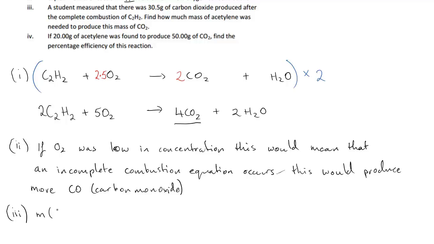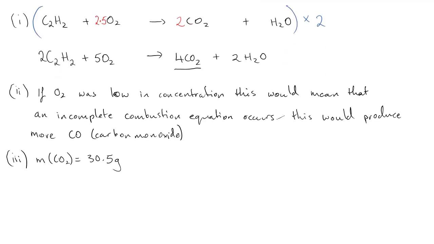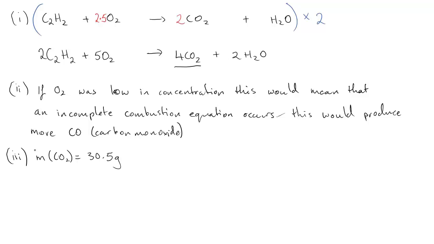So the mass of carbon dioxide is equal to 30.5 grams. Okay, and then we have to find the mass of acetylene needed to create that particular mass of carbon dioxide. So we're starting from the products here.